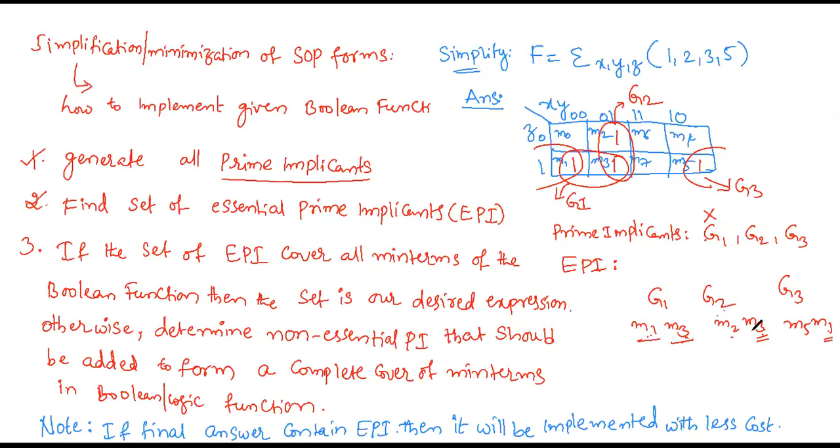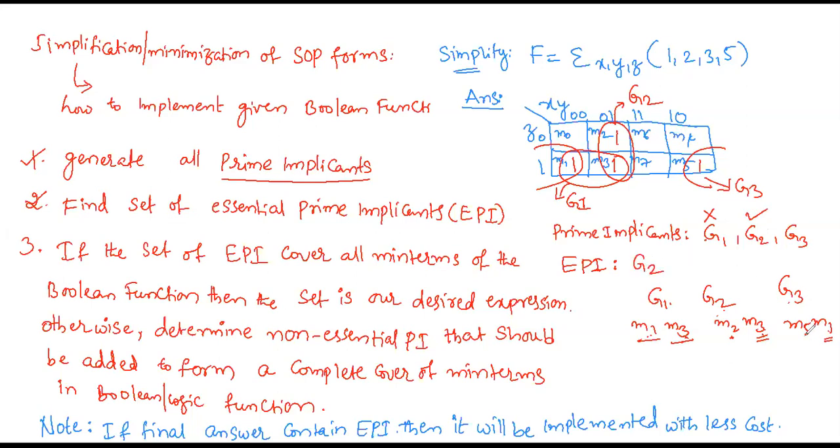G2 has M2 and M3 minterms. The M2 minterm is not present in G1 and G3. If we have at least one minterm not present in other groups, that is an essential prime implicant. So G2 is an essential prime implicant.